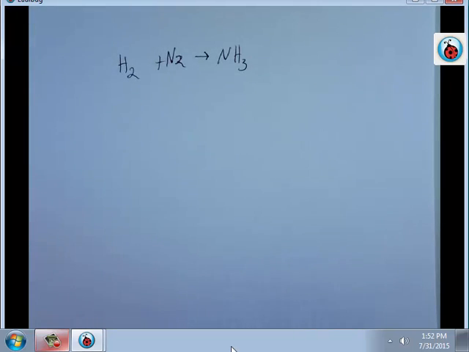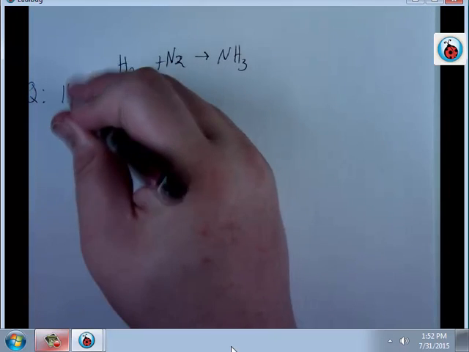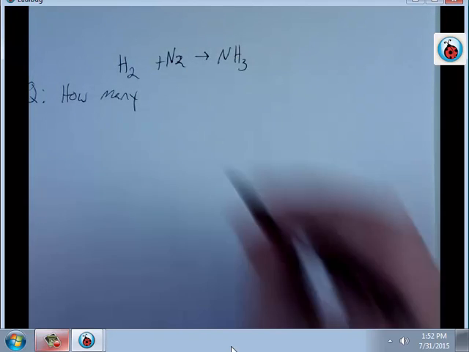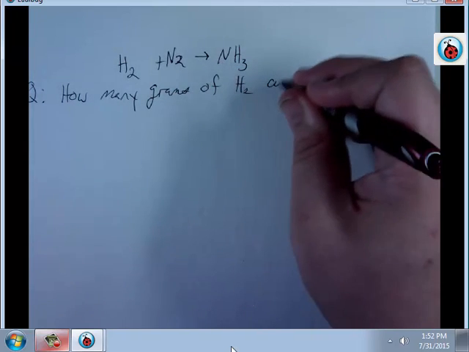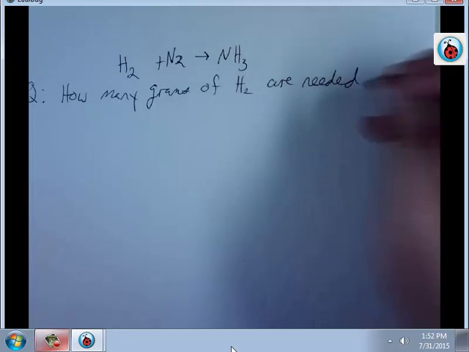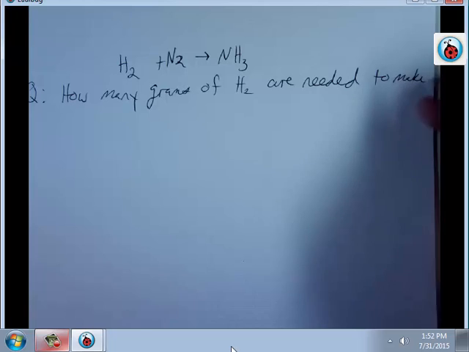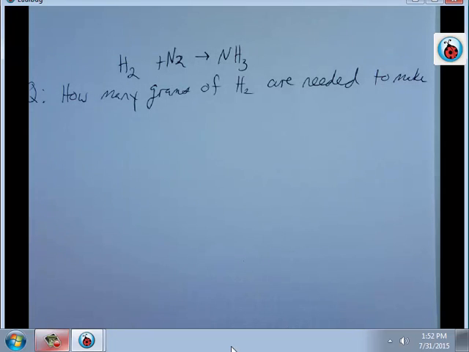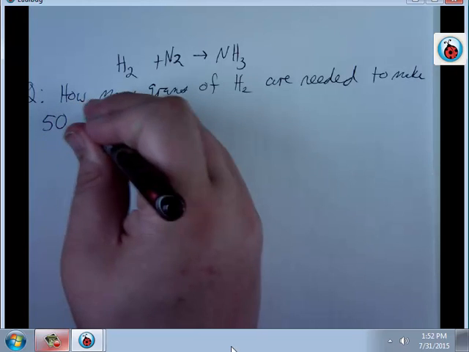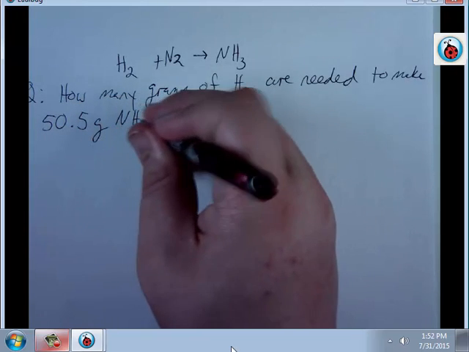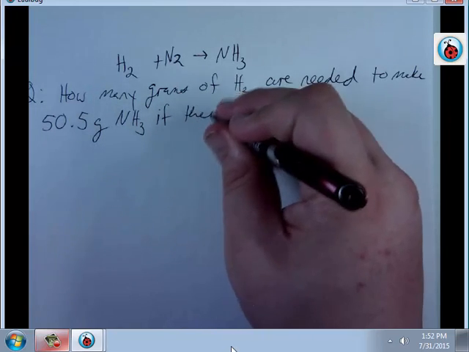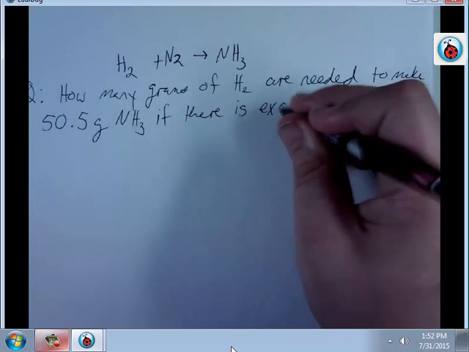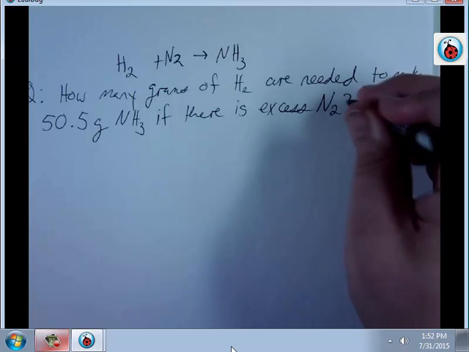And the question is, how many grams of H2 are needed to make 50.5 grams NH3 if there is excess N2.